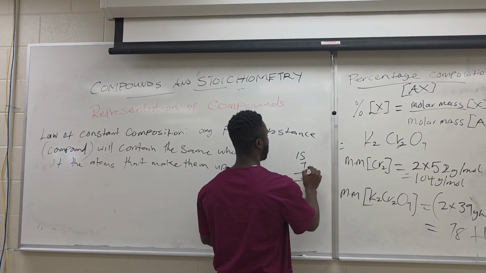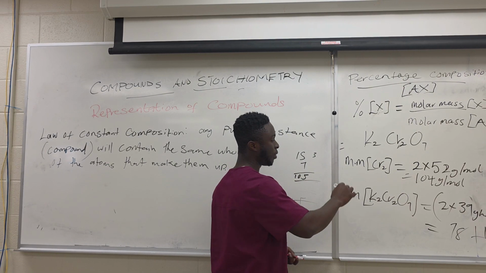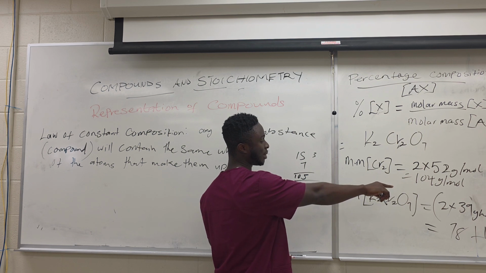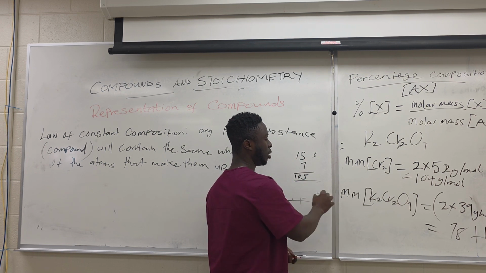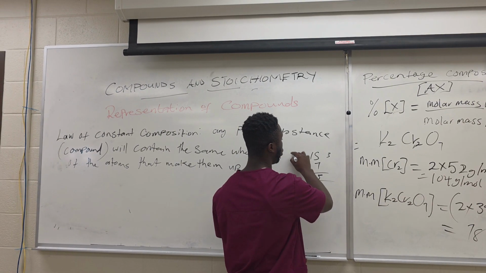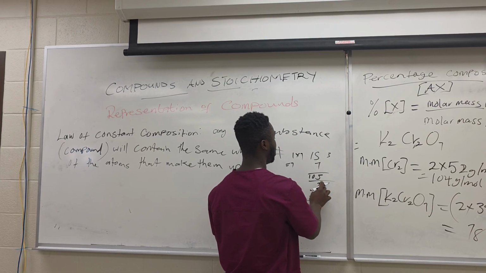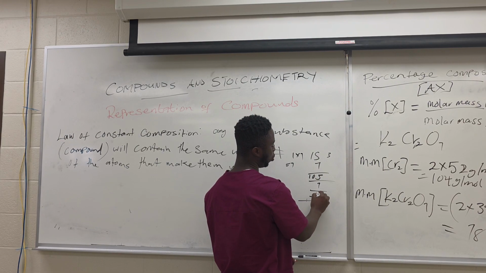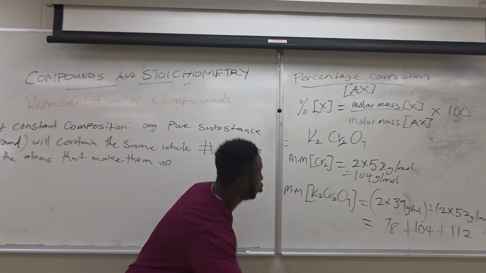So 105. But since I took it as 16, I need to add 7 more to it, because I took 1 off from each of the 7. So if I add 7 to this, it would be 112.